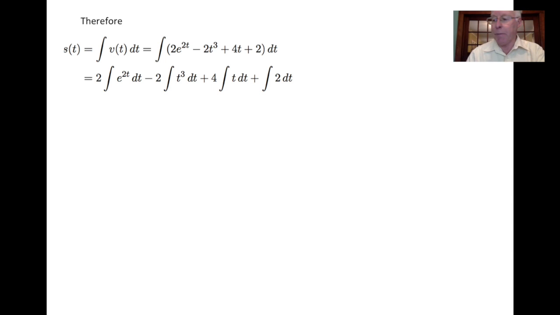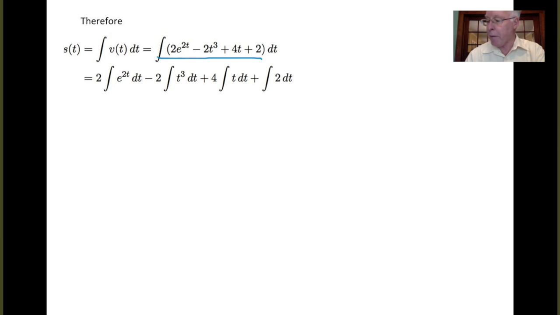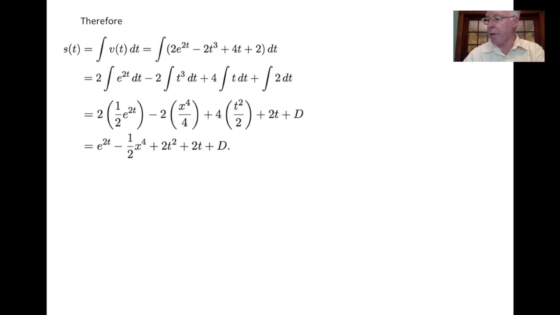So s of t is going to be found by doing the antiderivative of v of t, and here we've just put in what we found out about v of t before, and then once again applied the linearity rules to break this up into a sum and difference of integrals of elementary functions, with the constants pulled out in front. We handle these antiderivatives the same way we did before with the aid of the table, and our result is this.